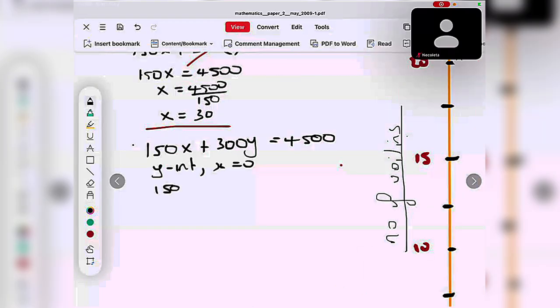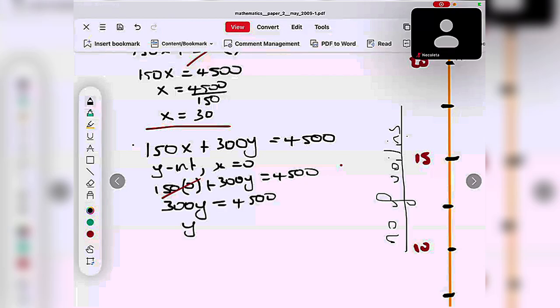So we'll have 150 times 0 plus 300y equals 4,500. That disappears, so we end up with 300y is equal to 4,500. y is equal to 4,500 divided by 300. So y is equal to 15.